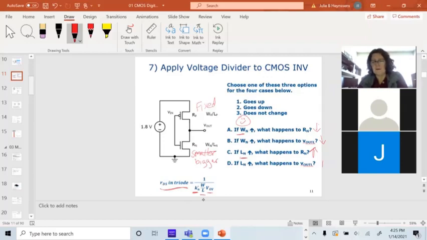V out low is going to go up. This is a bad thing. We never want to increase the L because it's going to affect our noise margins in a bad way. If I increase W, it affects the noise margins in a good way. With the trade-off, I need to keep my devices as small as possible so I can fit more of them in a smaller space.